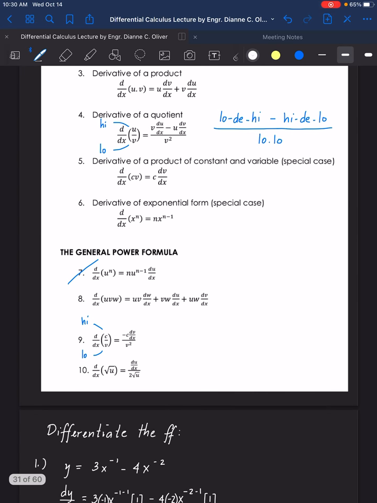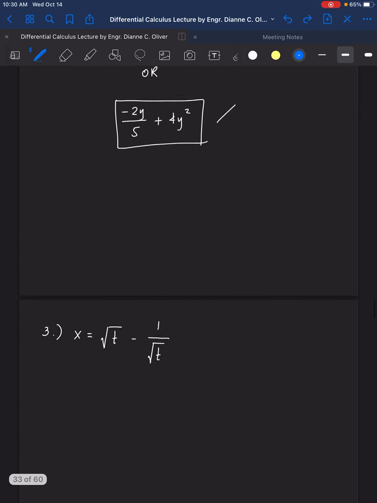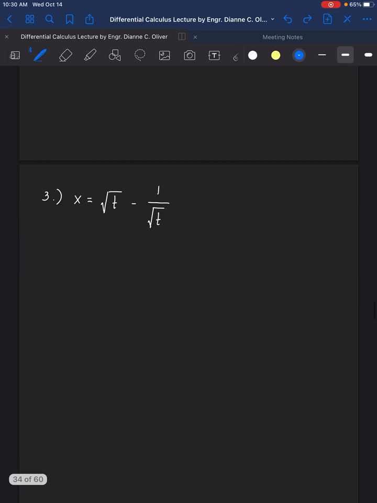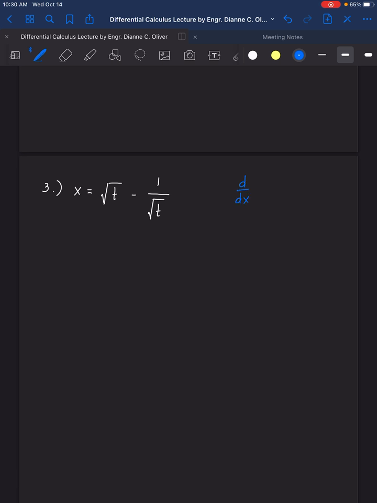The pattern to be used is formula number 10, wherein for a derivative of square root of u, we copy u on the denominator, put here 2, then derive whatever is inside the radical sign. So let's have the pattern written. Okay. So the pattern there is for a derivative, so d dx.